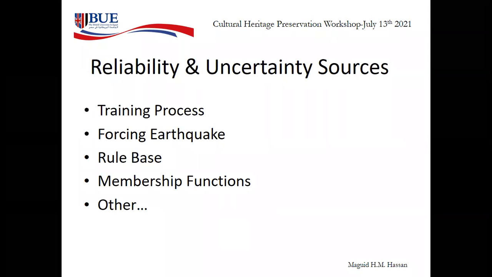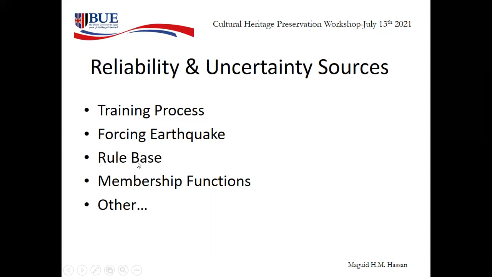Now, in terms of such heuristic systems, a major concern would be the reliability of these systems. And there are a lot of sources of uncertainty in this process. So there's the training process itself, the forcing function or the forcing earthquake, the rule base, the weights of the neural network, if you're using a neural network, and the membership functions.